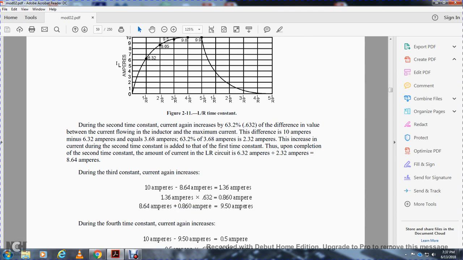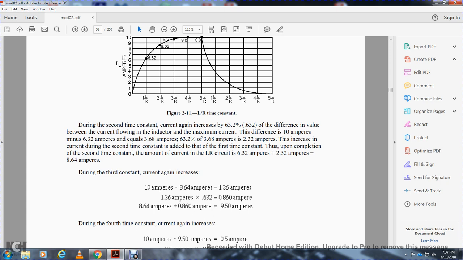During the third time constant, notice they're going 1, 2. This one was 63.2%, this one's 86.5, or 86.4, and then your third one would be 95. During the third constant, the current again increases: 10 amperes minus 8.64 equals 1.36, and 63.2% of that is 0.86 amperes.